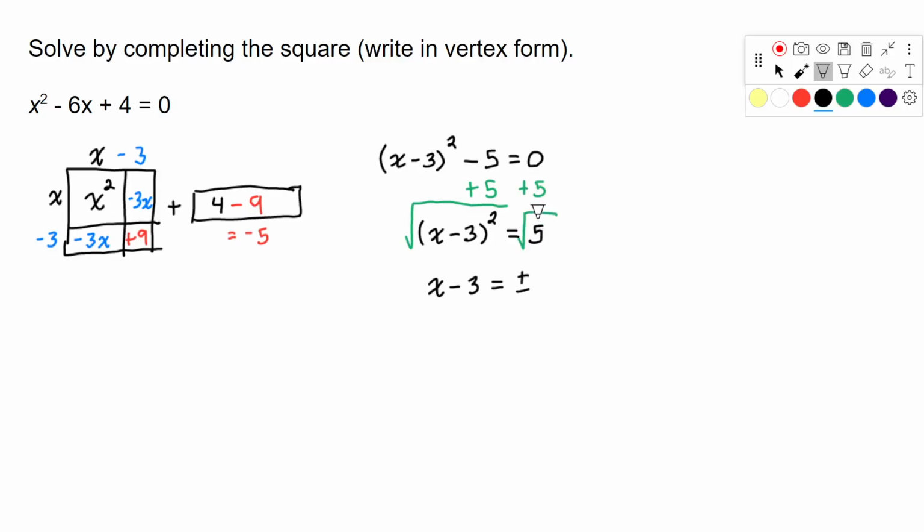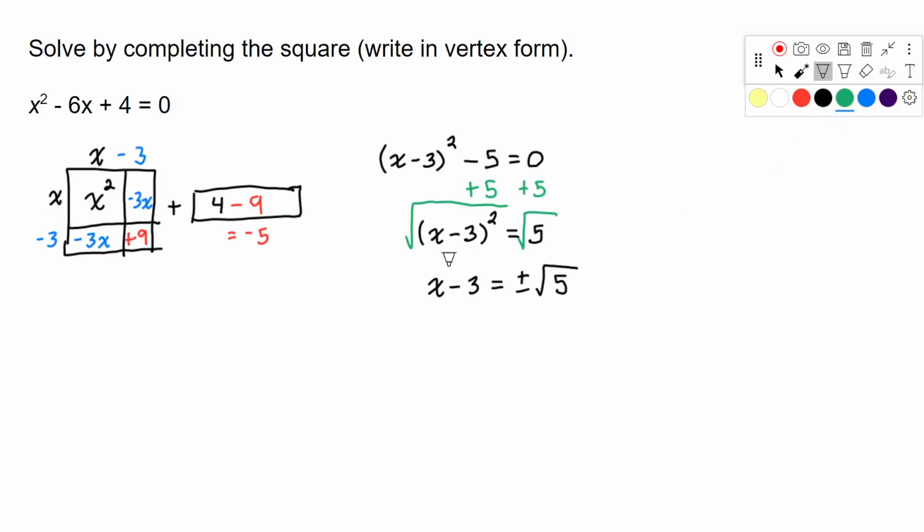When I take the square root of a value, it has a positive value and a negative value. And for now, I'm going to leave it in its exact form of square root of 5. I'll show you in a little bit how I'm going to find the approximate answer. But I know that 5 is not a perfect square, so I'm going to leave it like this for now.